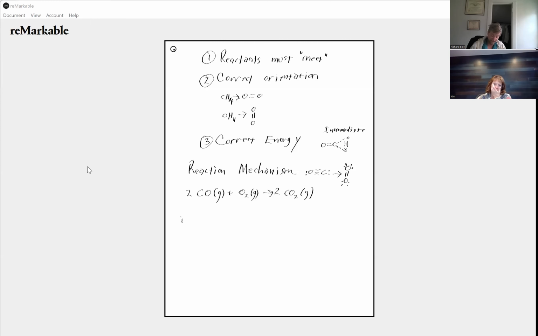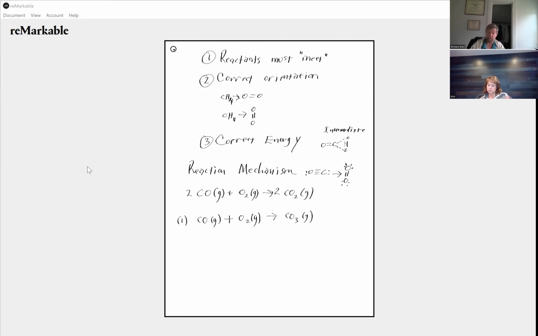So in the first step of the mechanism, a carbon monoxide comes along and reacts with oxygen to form CO3, not a real compound, an intermediate. Intermediates are species that are not real compounds.